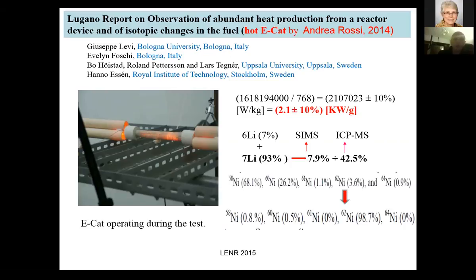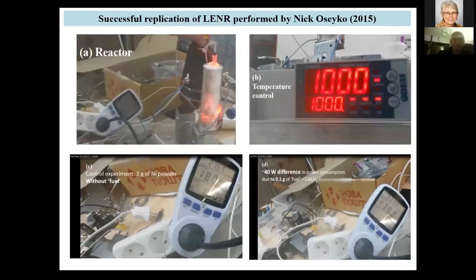For instance, I was a witness of a successful replication by Nikaseyka in Kiev, which is the capital of Ukraine, and in his replication, you can clearly see the reactor setup.